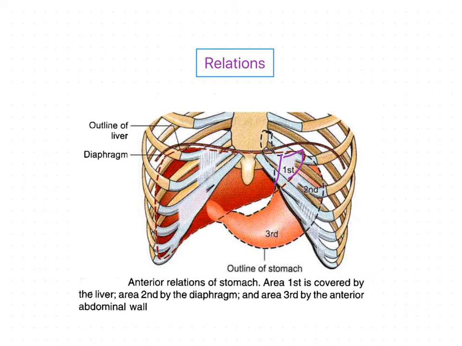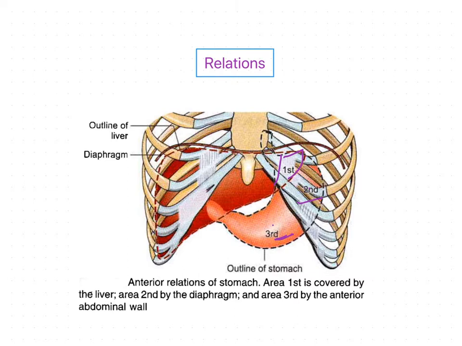The second area is related to the diaphragm. And the third part is related to the anterior abdominal wall. So what are the anterior relations? It is related to the liver, the diaphragm and the anterior abdominal wall.